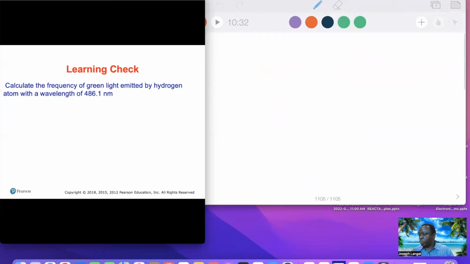Now, let's change the wavelength to meters. 486.1 nanometers times, I want to get rid of nanometer and remain with meter. Why am I doing this? Because of the speed of light, which is in meters per second.